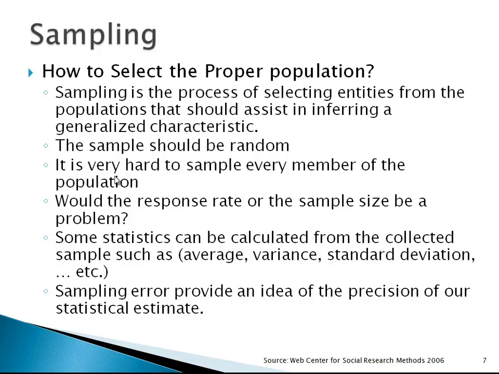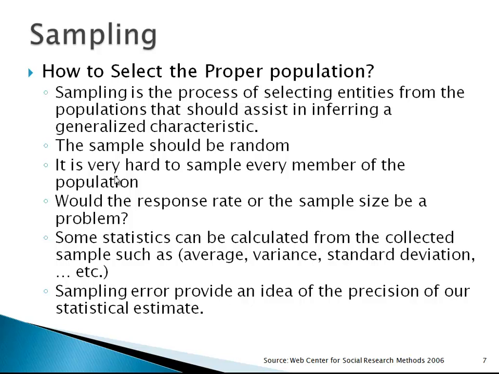I should not target certain people or a certain area and infer my results for the large area based on this small area. So I have to select random areas, random people, and try to generalize as much as possible to get that generalized characteristic. It's very hard to sample every member of the population.